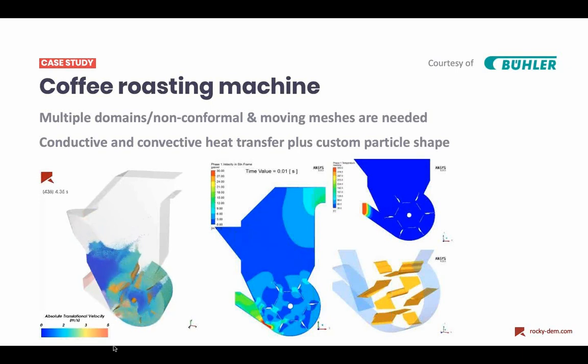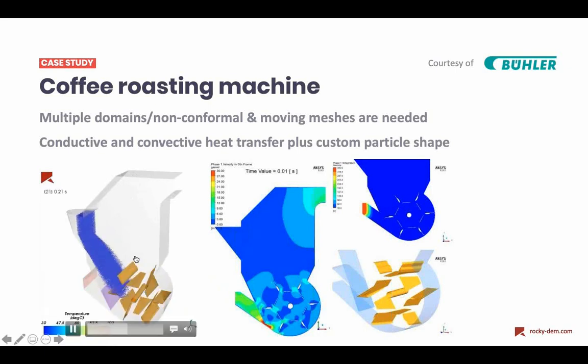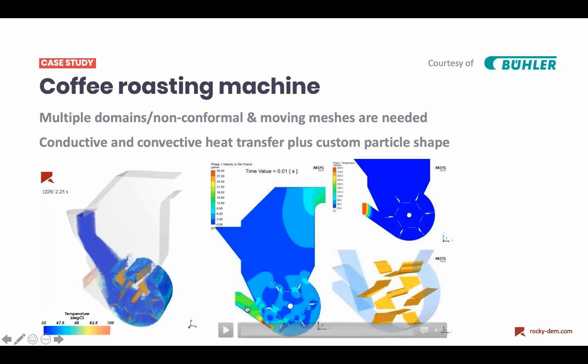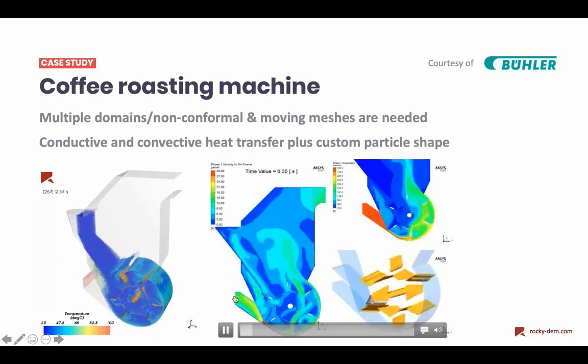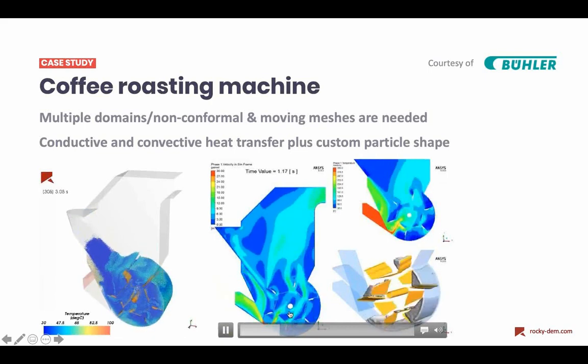So Rocky and Fluent can be used to model the roasting process. So you can see here on the left, cold coffee beans coming through these rotating blades here, and getting in contact with hot air that's coming from the bottom here.